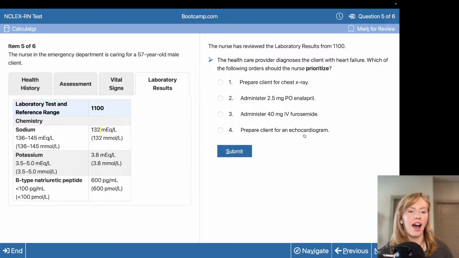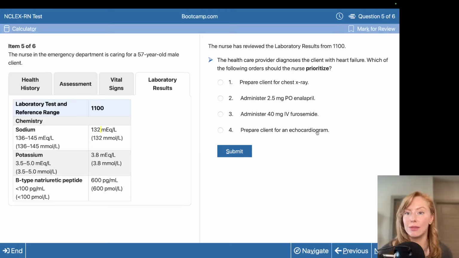All right. Do you remember the NCLEX strategy of always assessing first? How many of you have heard that before? That in a priority question, you always want to pick the one that's assessment first. I know you've heard that. That's so common, right? And here I'm going to point out, we've got 2 assessment actions. We've got prepare for chest x-ray, prepare for echocardiogram.